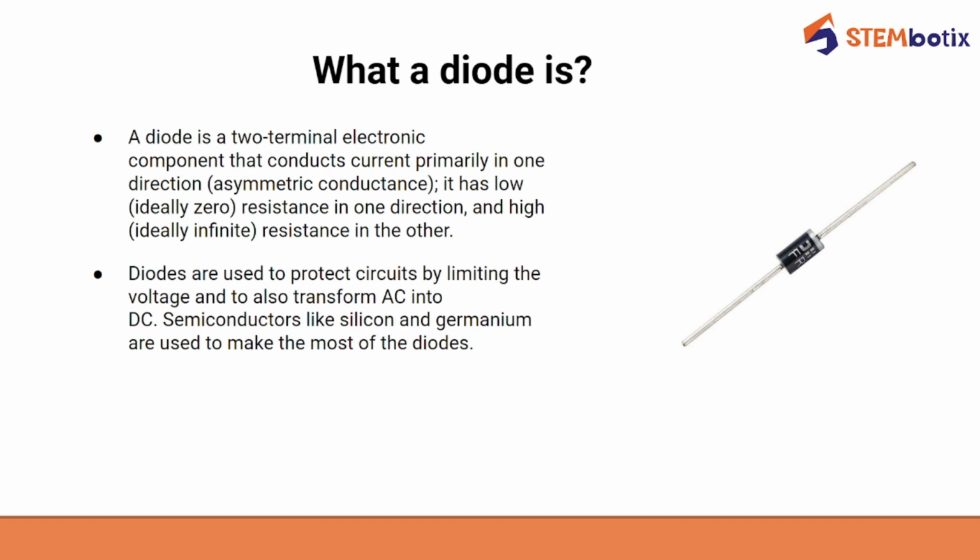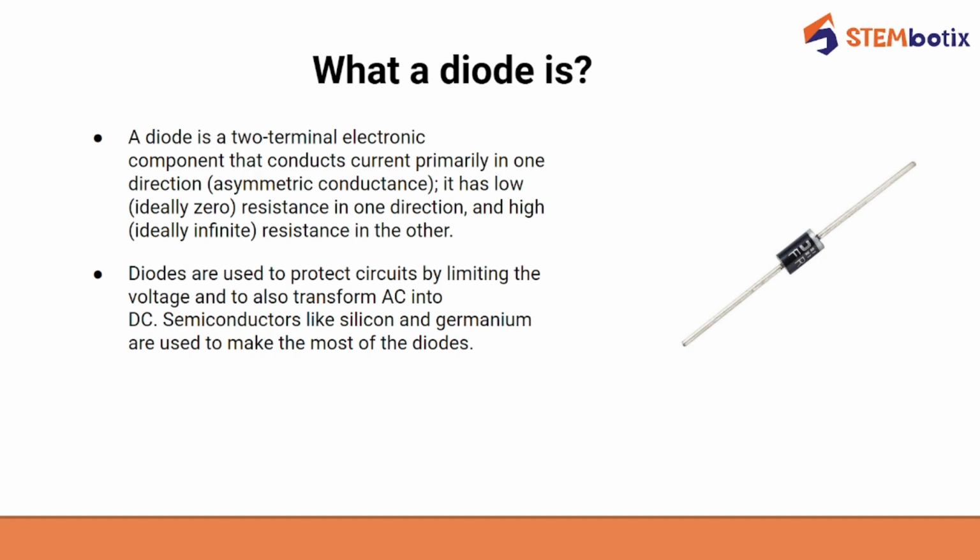As we have seen in the definition, the diode's main function is to conduct the current in only one direction. So a diode lets current flow in one direction, meaning it will regulate the flow of current.